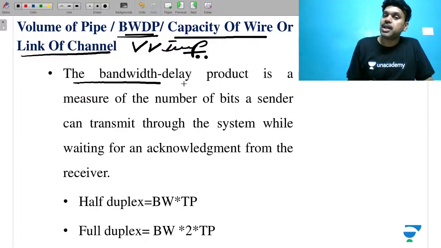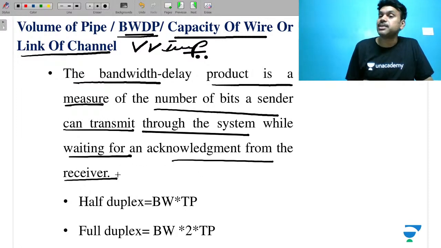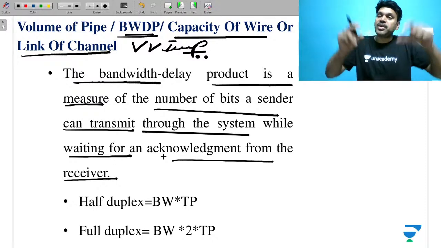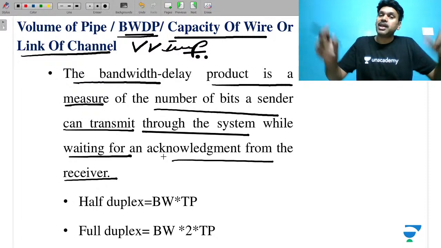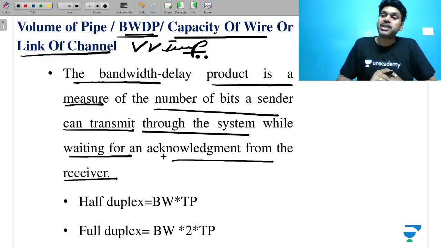So the bandwidth delay product is a measure of the number of bits a sender can transmit through the system while waiting for an acknowledgement from the receiver. So until receiving the acknowledgement from the receiver, how much data you can send, that is going to fill your pipe. Understand, my dear friends. So that's the meaning of bandwidth delay product.